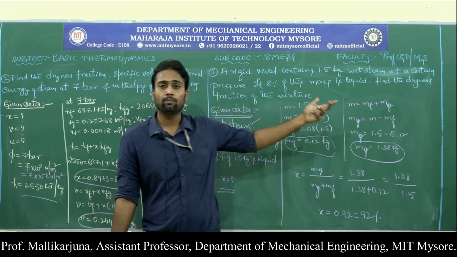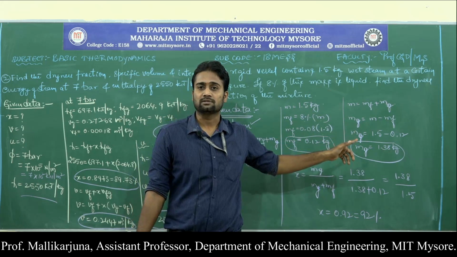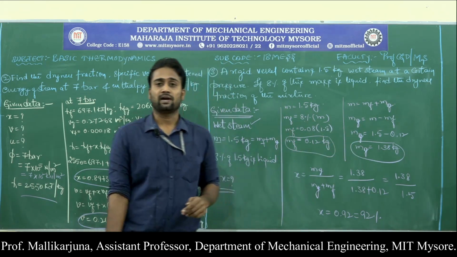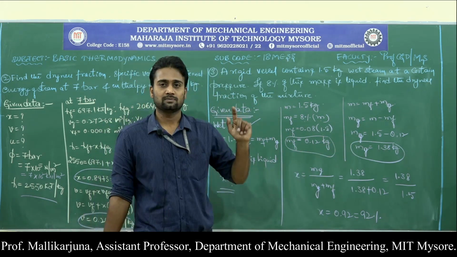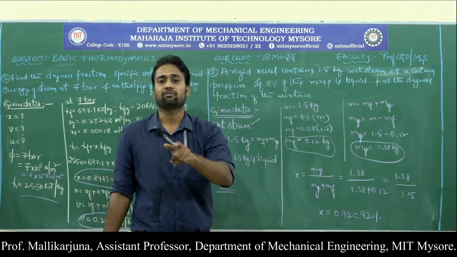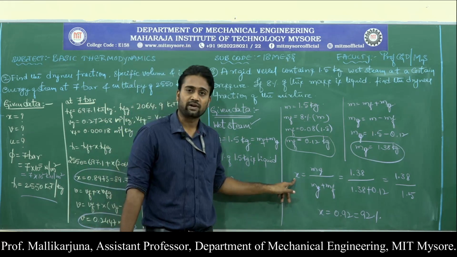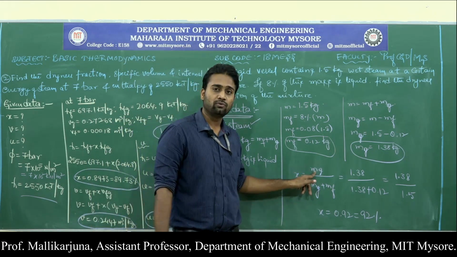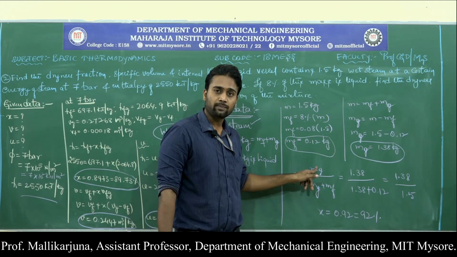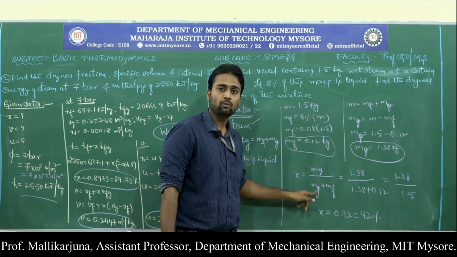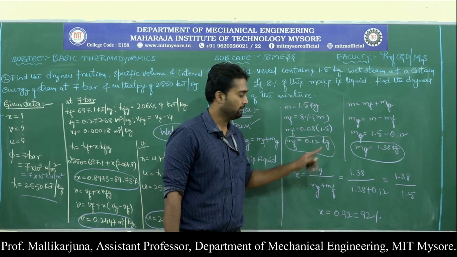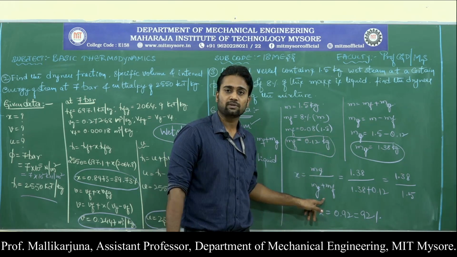Here, enthalpy, entropy, volume, nothing has been mentioned to us. We need to find the dryness fraction. In these situations, I need to go back to the original definition of dryness fraction. What is the definition of dryness fraction? It is the ratio of mass of the vapor present in the given mixture to the overall mass of the mixture.